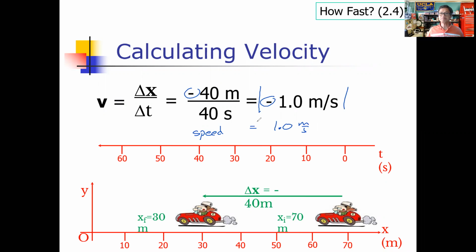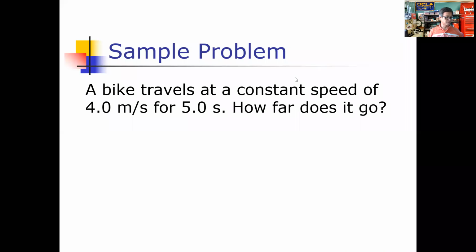All right. Let's go ahead and let's try a problem. So here, I'm going to write this down for you. So basically what we know so far is that if we know what the velocity is, we can define the velocity as the displacement per unit of time.